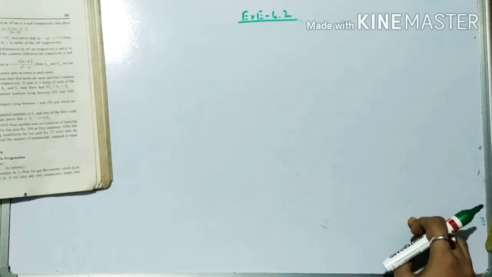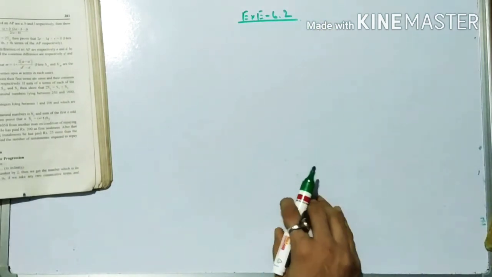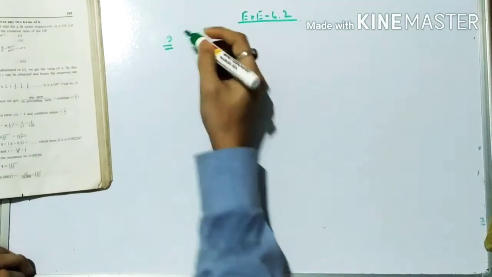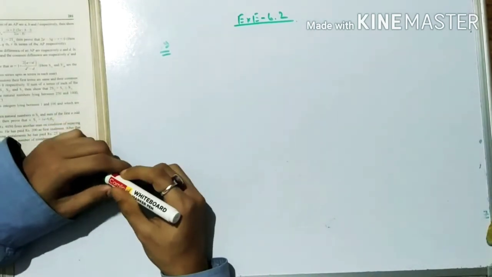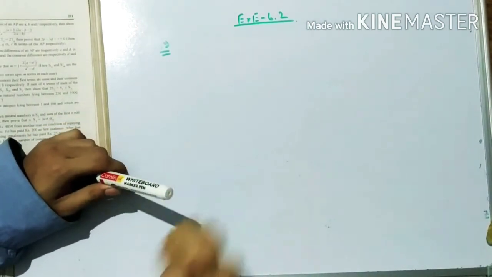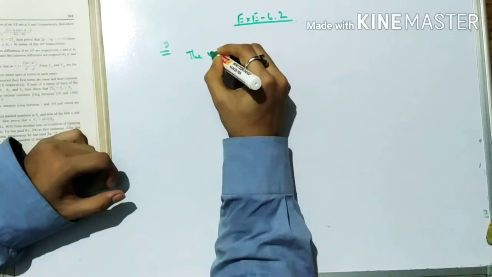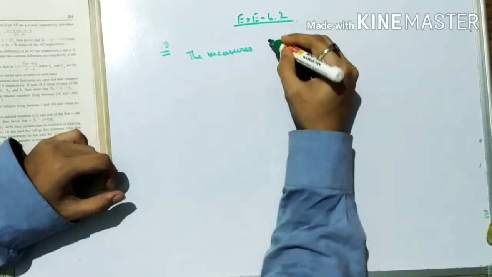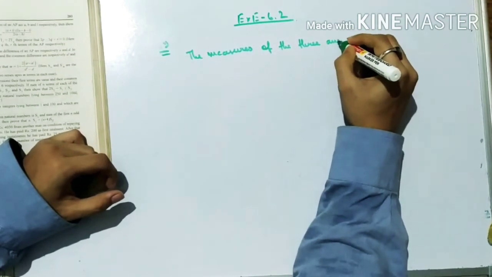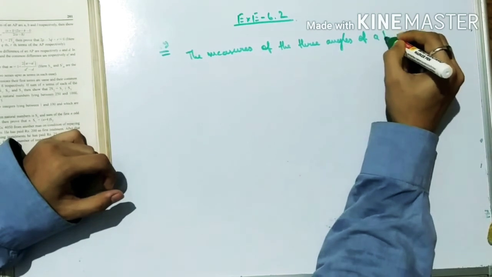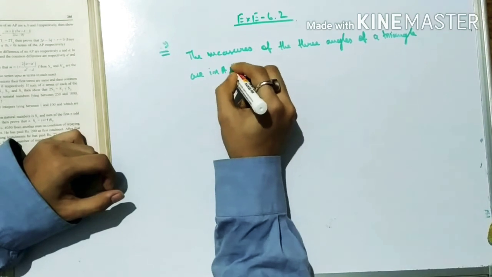In this video we will start from exercise 6.2, question number 19. The measures of the three angles of a triangle are in AP.